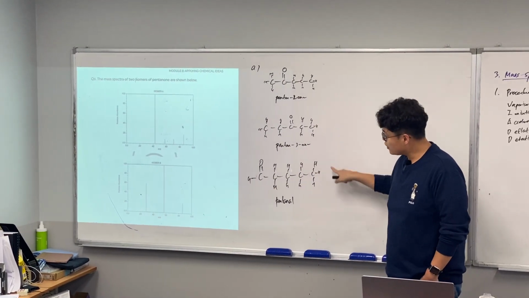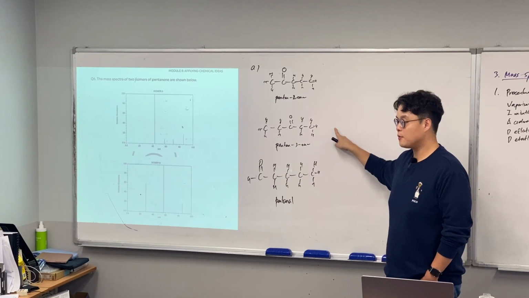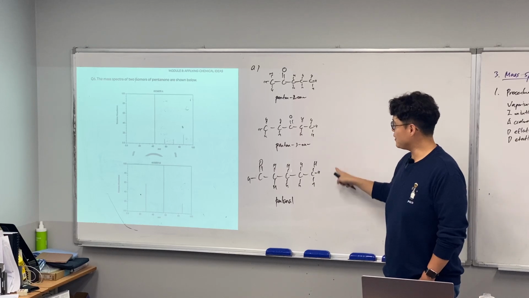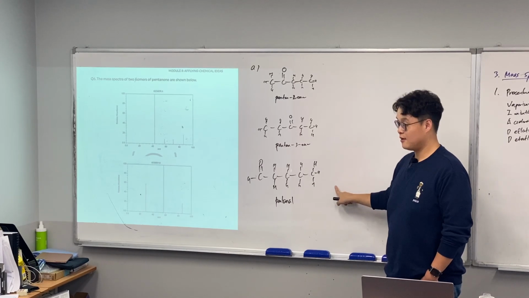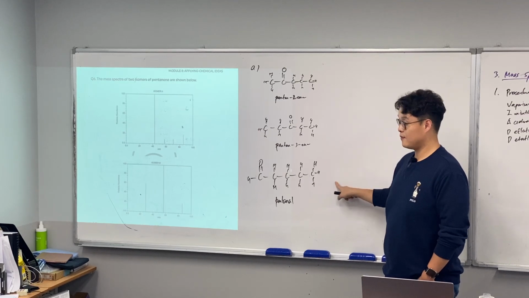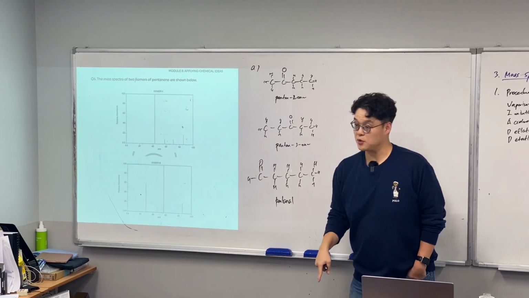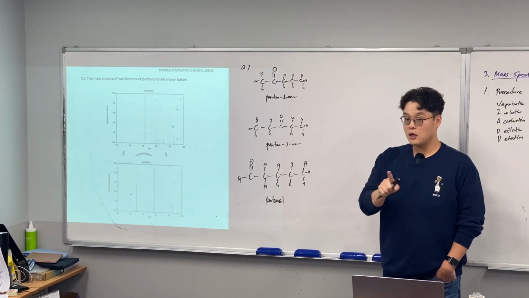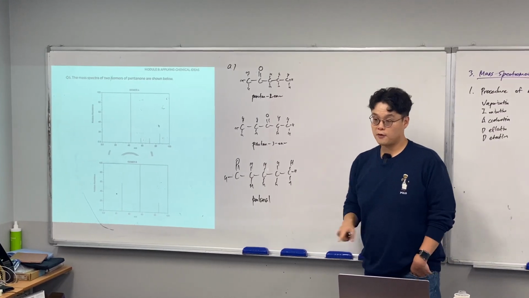Any chance you know what type of isomers they are? Jennifer, what type of isomers are they? No, these are functional group isomers. We have completely different functional groups, ketone and aldehyde. Is there any chance we can get a chain isomer from this?